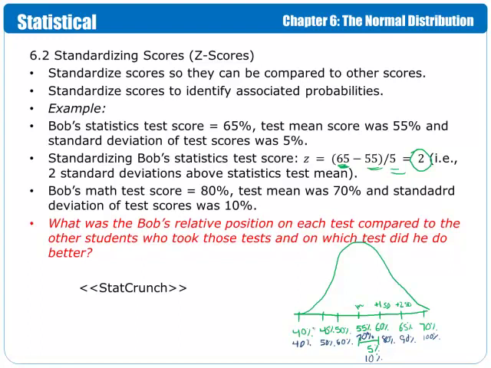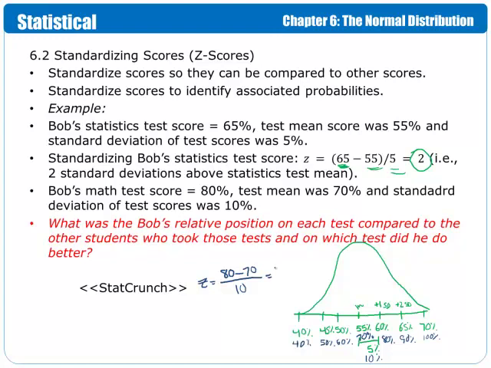So the scores on the math test were much higher and more spread out than the scores on the statistics test. Now if we look at Bob's math test score relative to the other test scores in that test, we can standardize Bob's test score by saying Z, the standardized test score, is equal to his score of 80, or 80%, minus the mean, which was 70, divided by the standard deviation, which is 10.